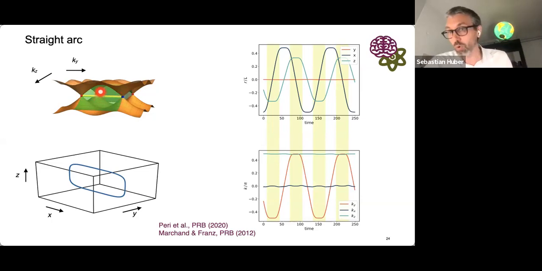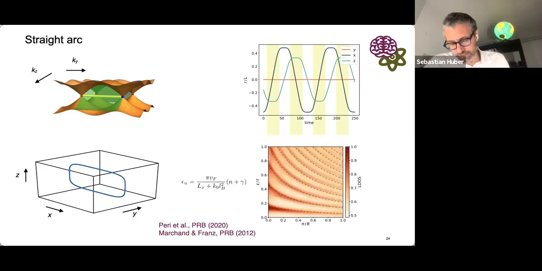So despite the fact that it's not obvious that you should think of that as a magnetic field, you can push that analysis even further and look at the surface Green's function. From that, you can extract the local density of states. And there is a semi-classical formula that you see over here that tells you how these sheets should behave as a function of the strength of that axial magnetic field.